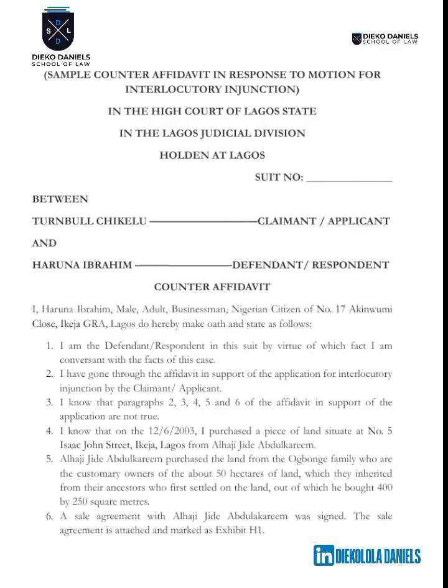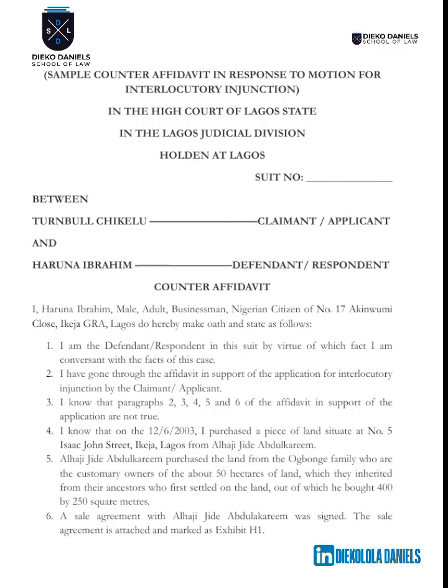draft it. We've talked about it, but one significant thing is that when you are drafting an application, a motion on notice or a motion ex parte, not only are you supposed to put the designation of claimants and defendants, you are supposed to put the designation of applicant and respondent, because the court needs to know which one of you, is it the claimant that is bringing this application, or is it the defendant that is bringing the application?